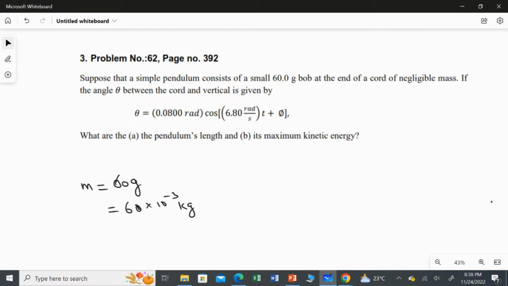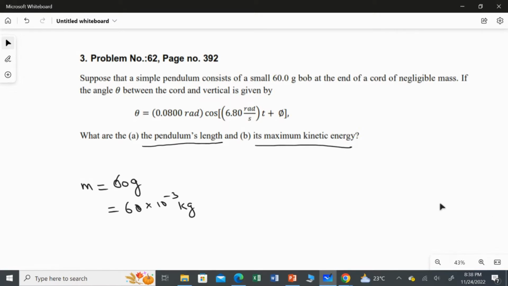So now we have to find the answer for two questions. In the first part, we are going to calculate the length of the pendulum, that means the length of the cord. And the second part, we are going to calculate its maximum kinetic energy, right? Okay, we just go one by one.